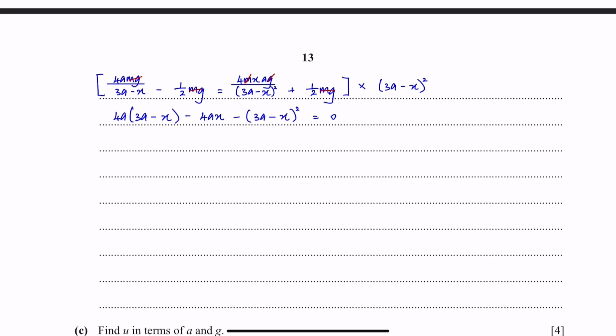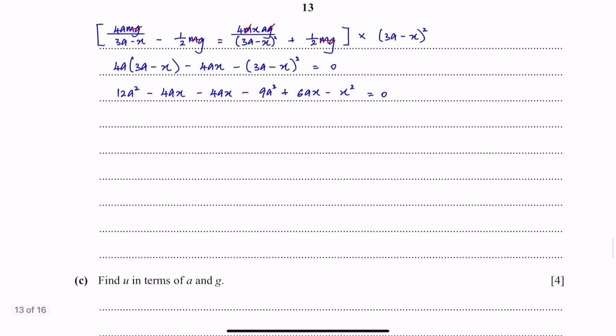So 12a squared minus 4ax minus 4ax minus 9a squared plus 6ax minus x squared equals 0. So x squared plus 2ax minus 3a squared equals 0, and (x plus 3a)(x minus a) would be the factorization of it.